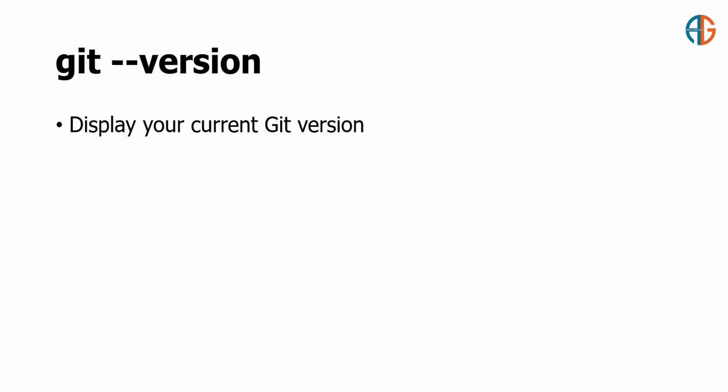In order to check the version of Git which has been installed in your machine, you use the command git --version. In Git, whatever command you are going to use, you have to prefix it with git, followed by the command, and only then will that Git command be executed. So to check whether Git is installed in your local computer, you can use the command git version.